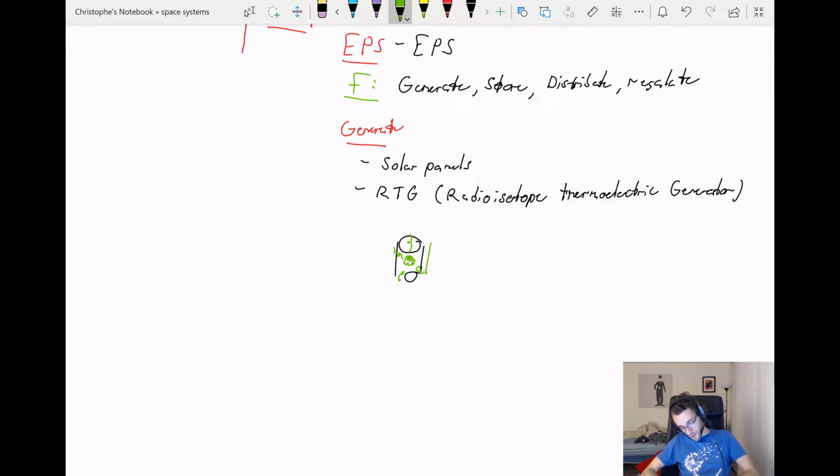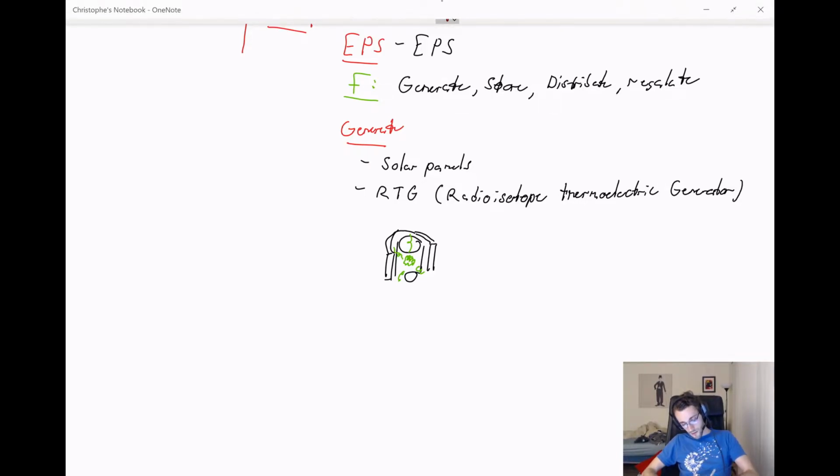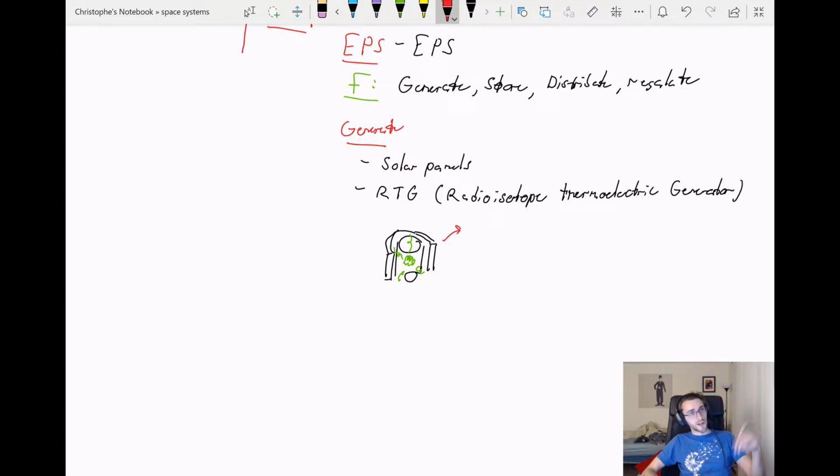And you just kind of surround that with your thermal couplings all the way around. And you thereby generate a voltage potential across those couplings, and you get voltage out. I'll post a link down below if you want to look more into how radioisotope thermoelectric generators work. It's very interesting stuff.